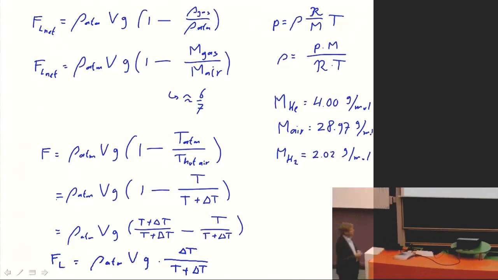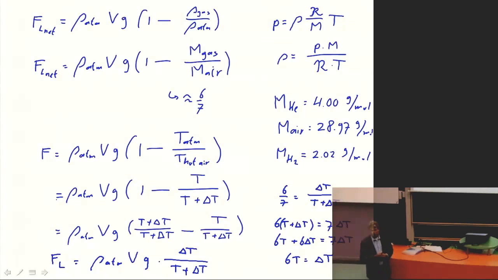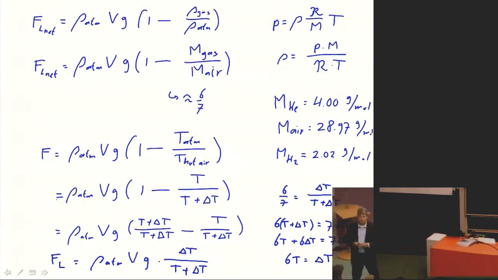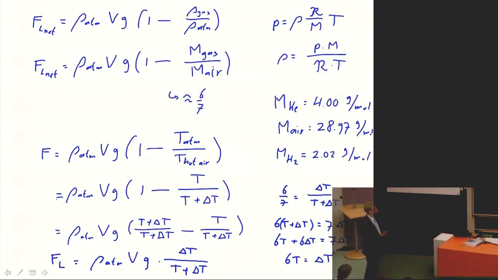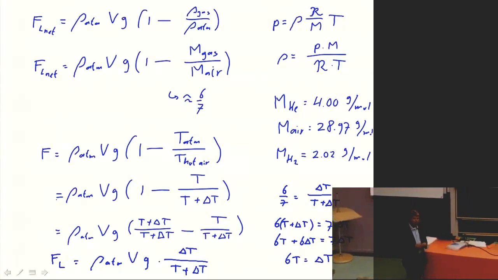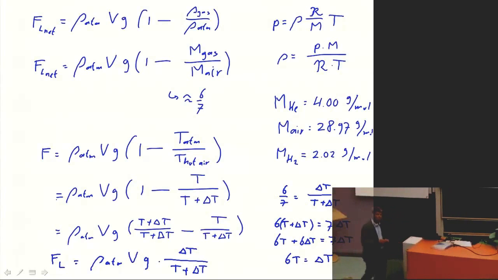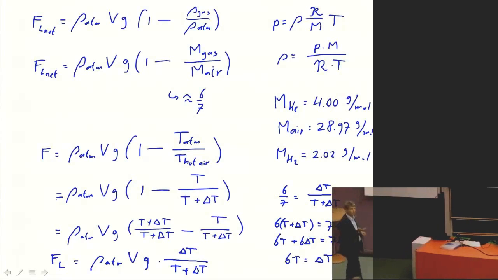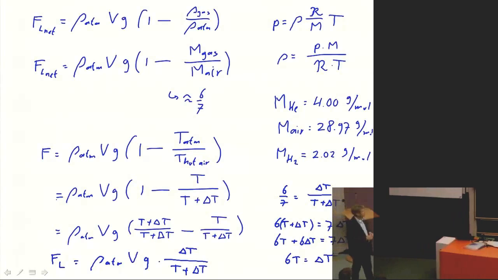6T is delta T. That means that the increase of temperature of the air that we need if we want the same lift as helium should be 6 times the temperature. And that's the temperature in Kelvin, which is often close to 300 Kelvin, like 15, 20 degrees. You're close to 288, 293 Kelvin. Let's say, to get a feeling of the order of magnitude, about 300 Kelvin.